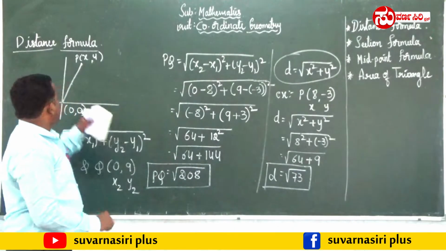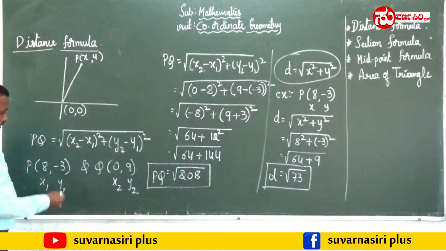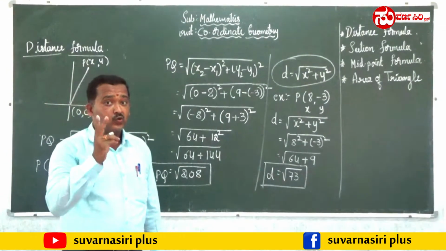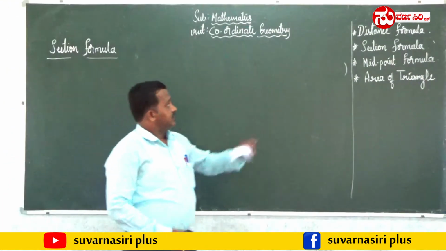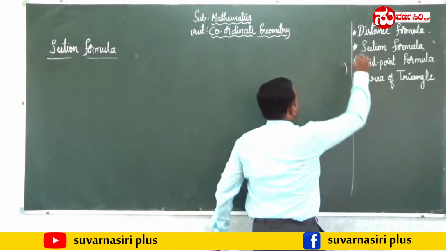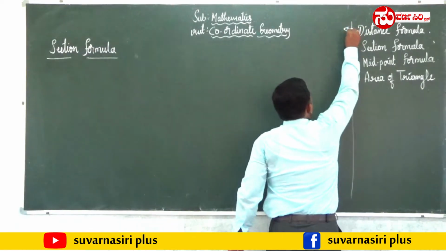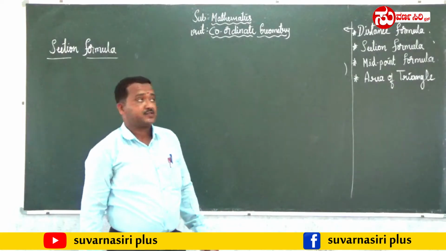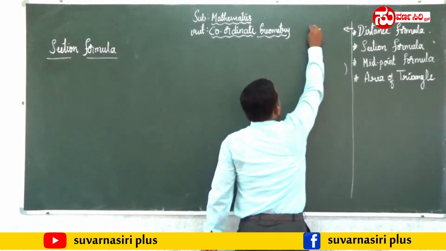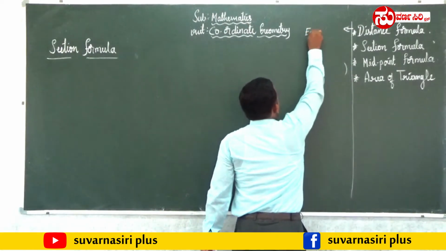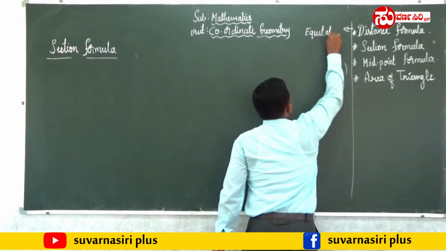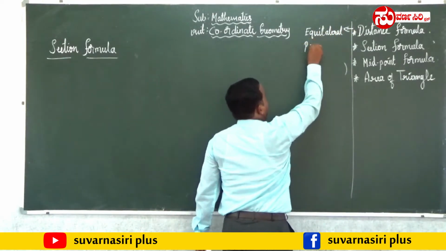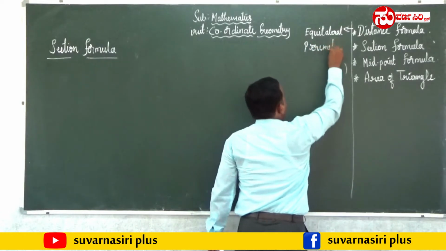If it is the distance formula where we use 2 coordinate points, that can be asked for 2 marks. What are the uses of this distance formula? Distance formula helps us to verify whether the given triangle is equilateral, or to find the perimeter of a triangle. To decide whether a triangle is equilateral, all the 3 sides of the triangle must be equal. They may also ask to verify an isosceles triangle, or to find the perimeter of a triangle.